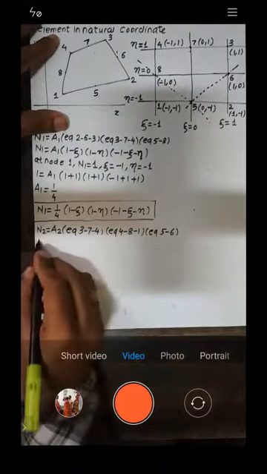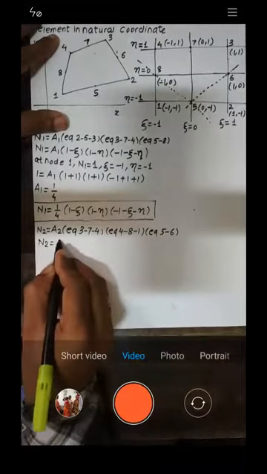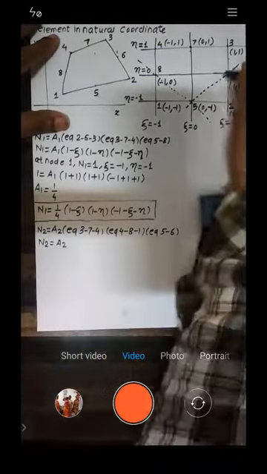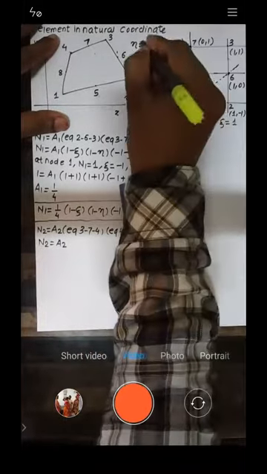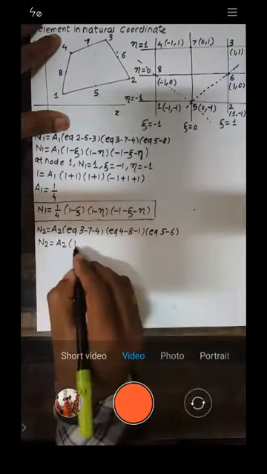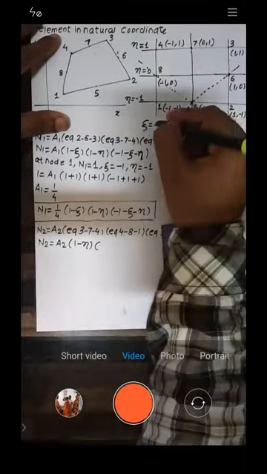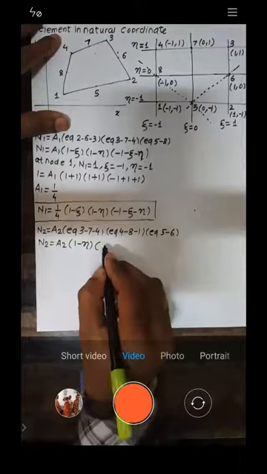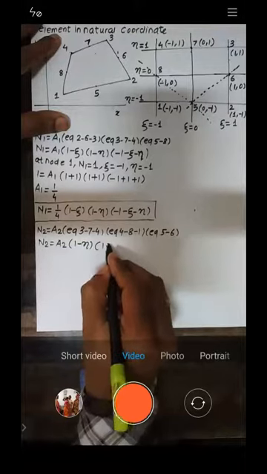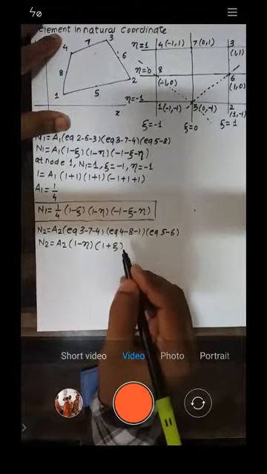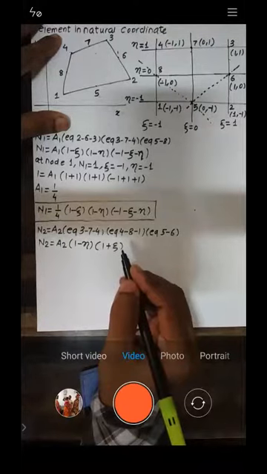So I'll write down, N2 is equal to A2. What is the equation of 3, 7, 4? Its equation is neta equal to 1, that is 1 minus neta. The equation of 4, 8, 1 is zeta equal to minus 1, that is 1 plus zeta. Yes or no?